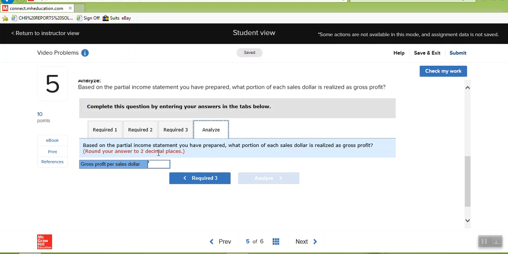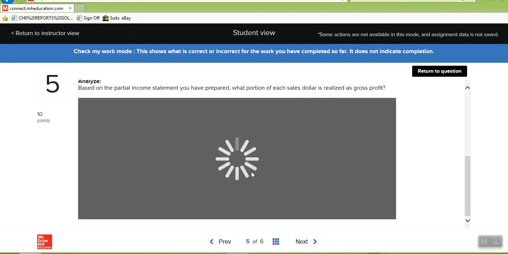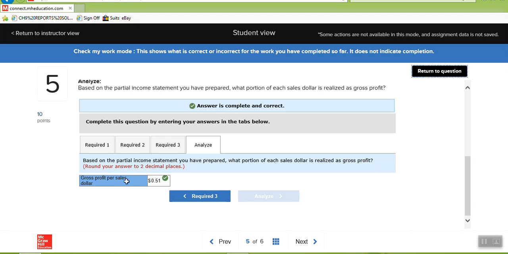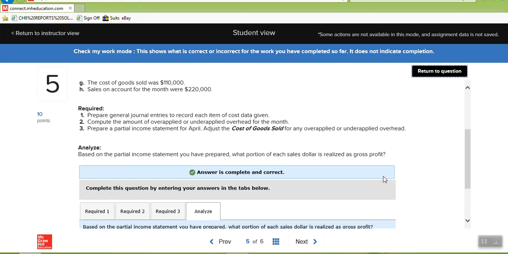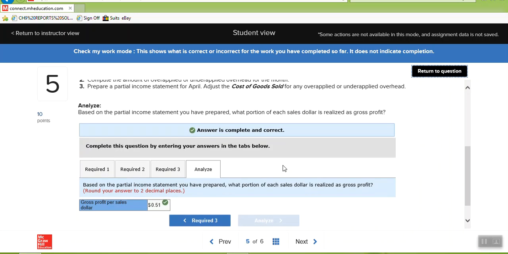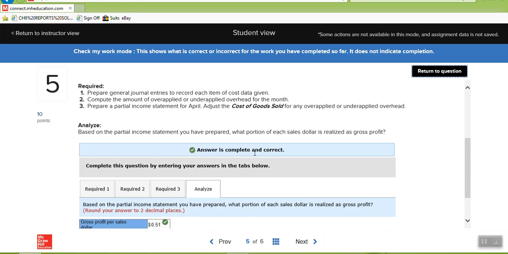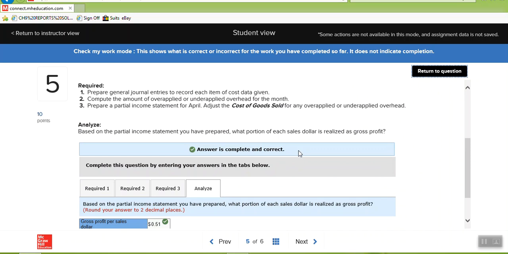It says round it to 2 decimal places, and mine's 0.51. So your answer should be somewhat formatted like that. It probably isn't going to be the same amount, but let's see if that worked. Yeah, so yours will be like that. All right, so I think this one's done. Oh, answer is complete and correct. So yes, this one's done.